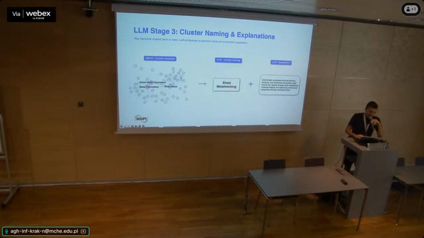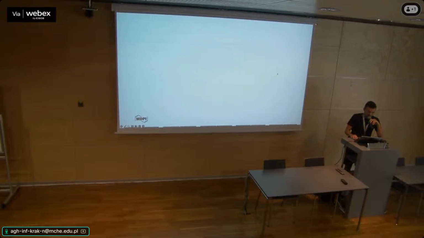And this is just an example where we were using an LLM for the third time, renaming each cluster and building an explanation. So we had sheet metal fabrication, metal fabrication, and sheet metal, and we renamed them as sheet metal working with an LLM explanation. So this was the real final concept name based on all the keywords coming from our list.